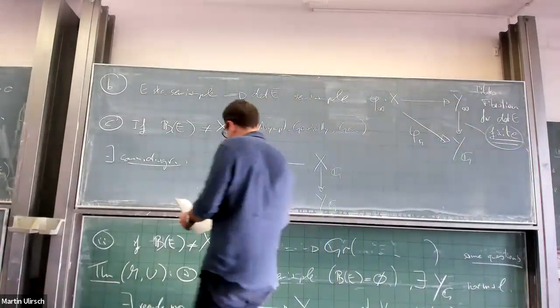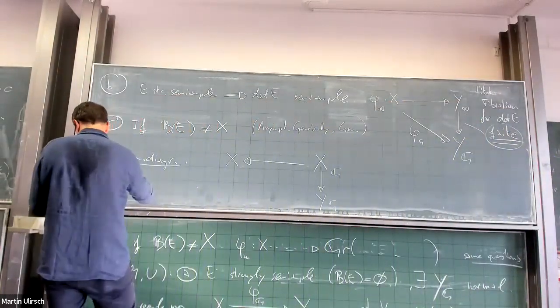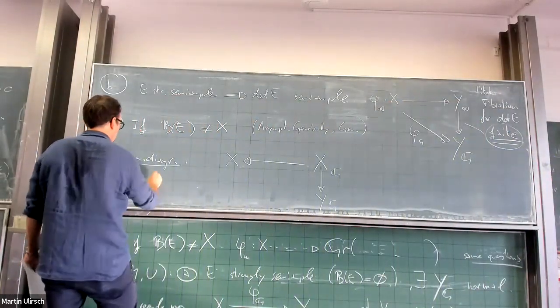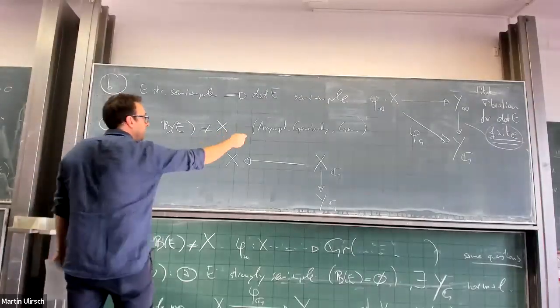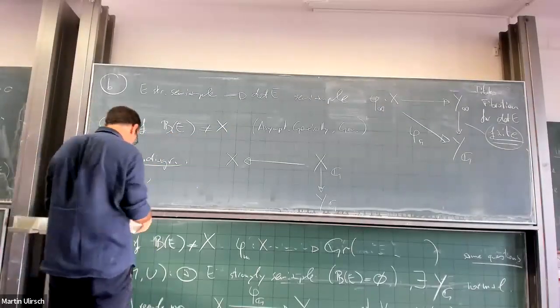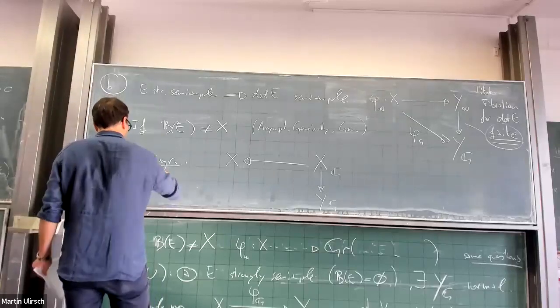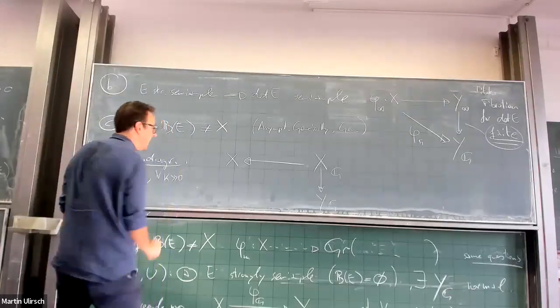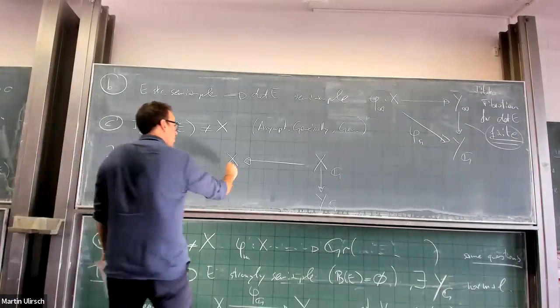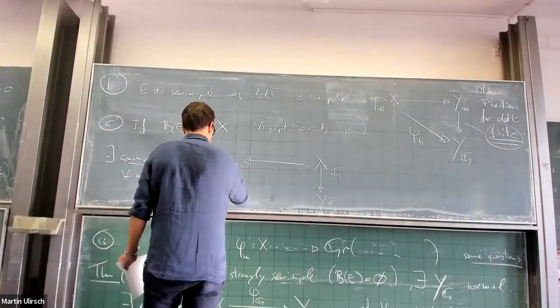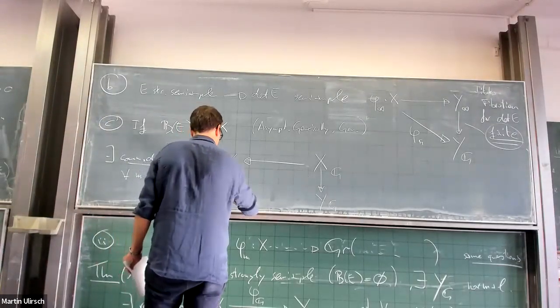So this means that for each m where the base locus is not X, and for k big enough, we consider the Kodaira maps by km.